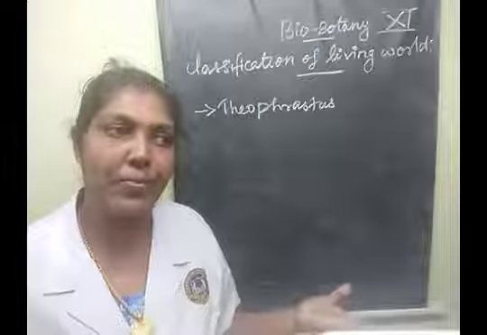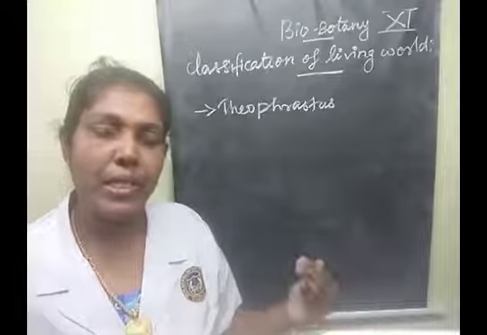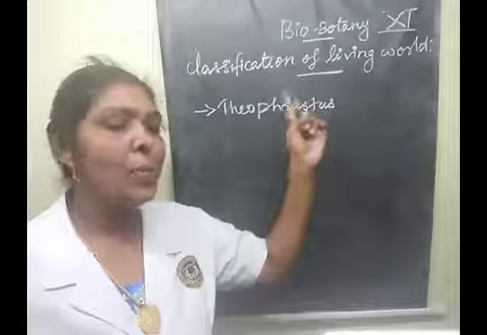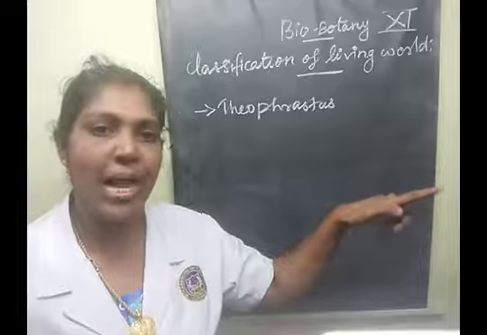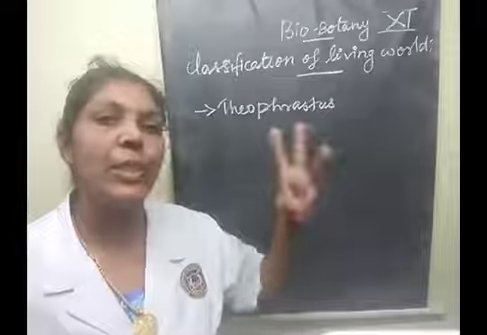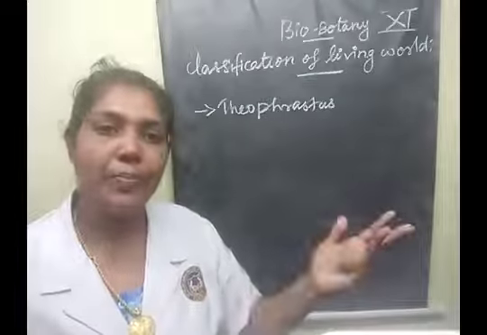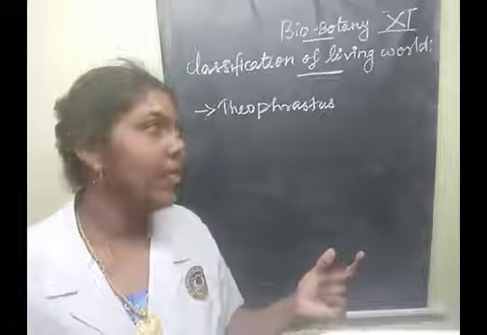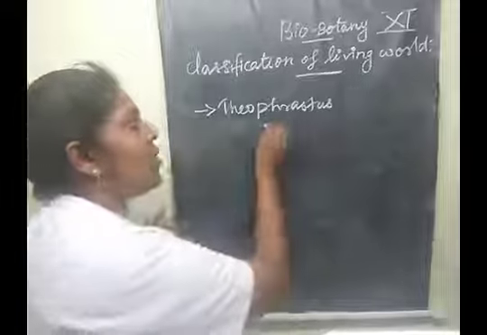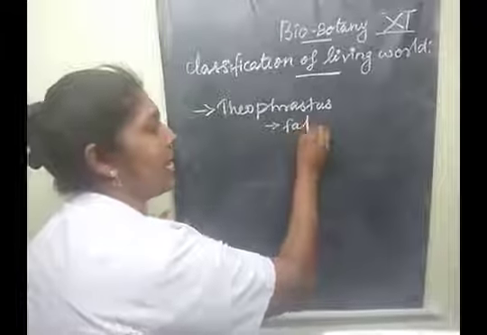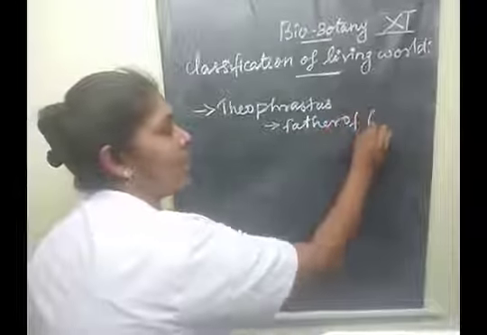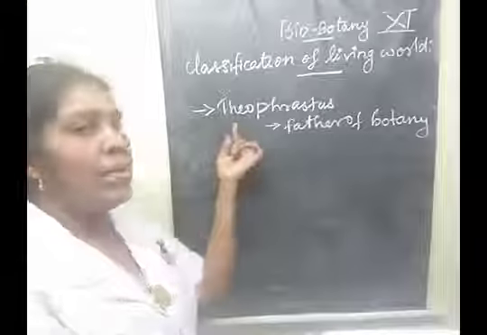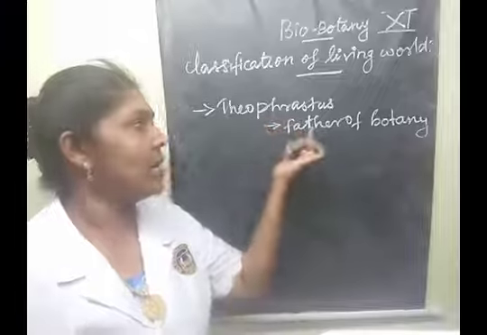What do you mean by morphology? Very good. Studying of external characters, very good. Based on morphological characters, plants are grouped into 3: herbs, shrubs, and trees. Understood, children? He is called the father of botany.